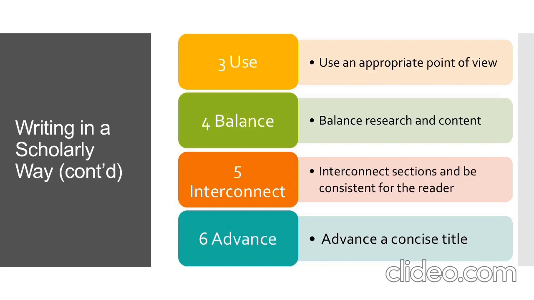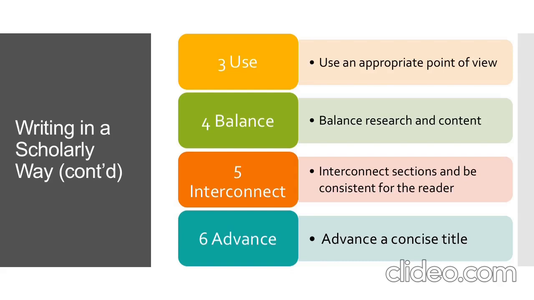Similarly, researchers need to balance research and content. They should not emphasize one part over the other, but they must convey balanced knowledge about both research and content. Moreover, the researcher needs to consistently interconnect the sections of the report. Readers should not feel a separation between the sections.